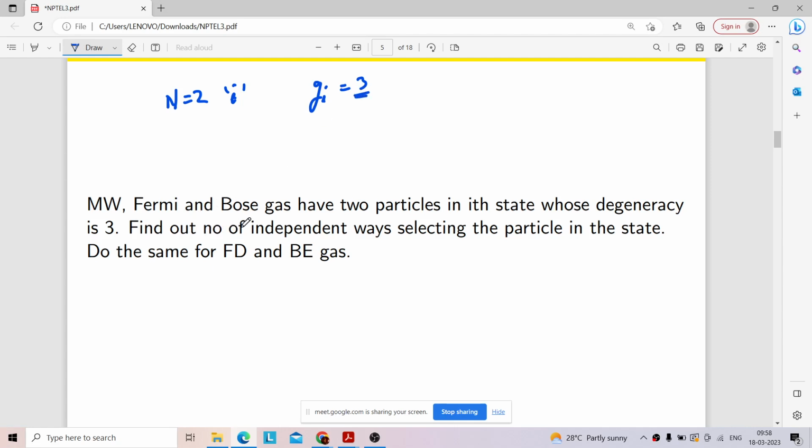Find out the number of independent ways of selecting particles in a state. So we will find Wi here. Let's consider the Maxwell-Boltzmann distribution first, that means classical gas.